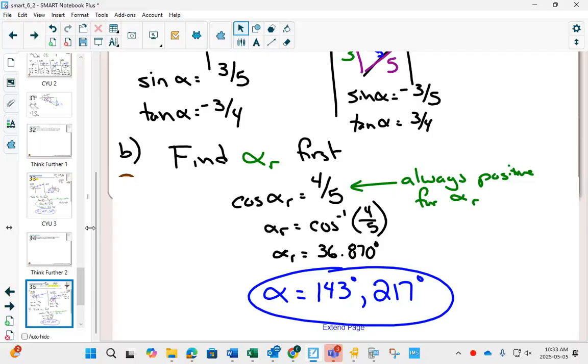Then later tonight, sometime random in the evening, ask yourself, do I get the reference angle thing and do I get the cast rule thing? Because that's the key new thing to everything in grade 11 and grade 12 right now. Getting that strong will save you a ton of work in grade 12 when you get to grade 12 pre-calculus or grade 12 apply.